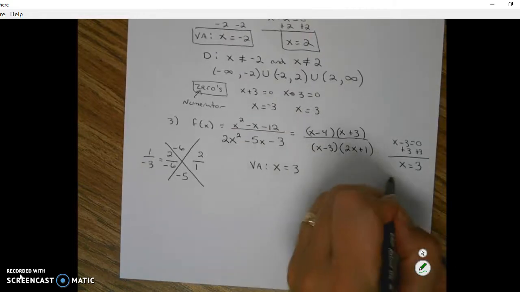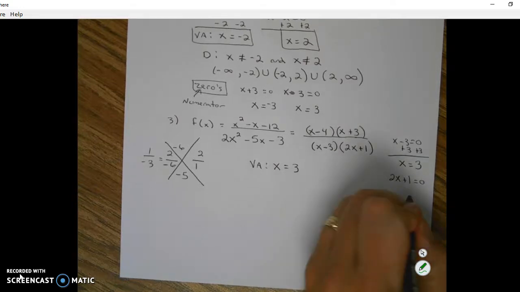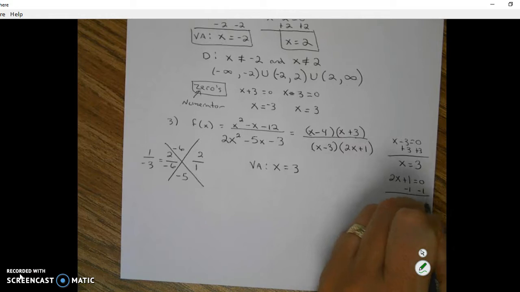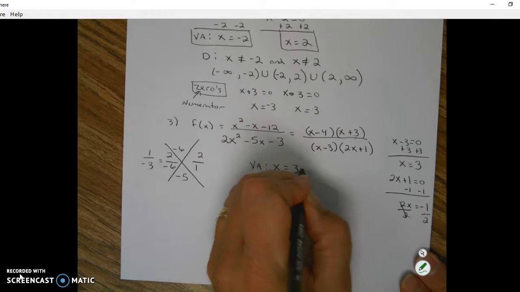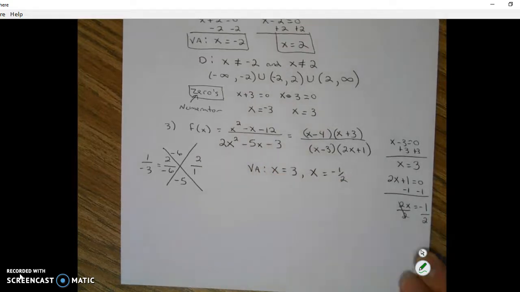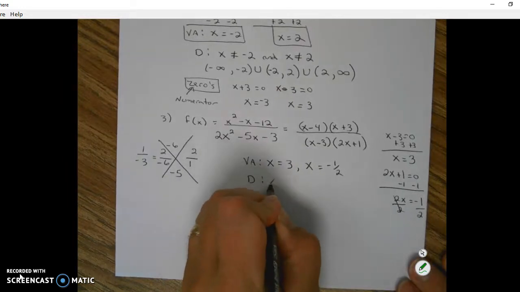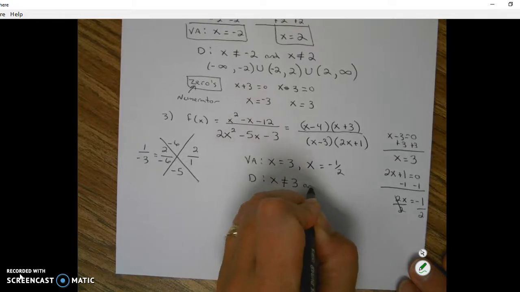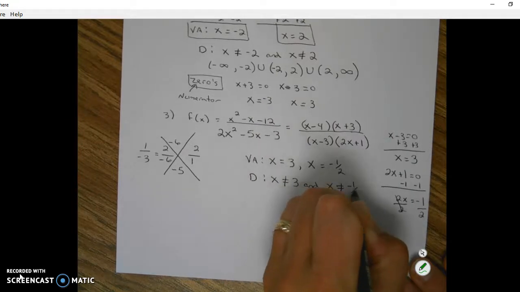And the other factor, we're going to solve for x. So our other vertical asymptote, x equals negative 1/2. And of course, our domain, x cannot be 3, and x does not equal negative 1/2.